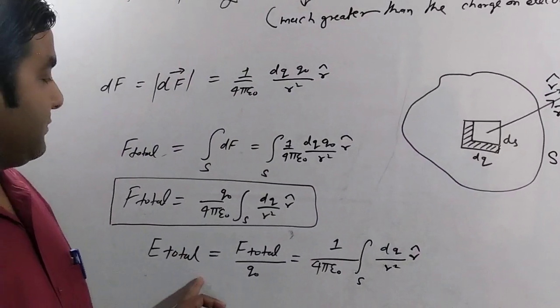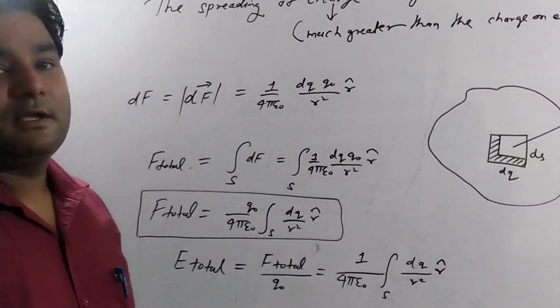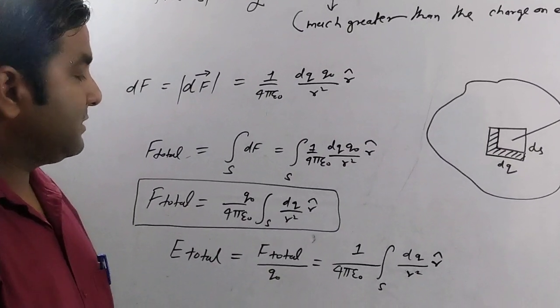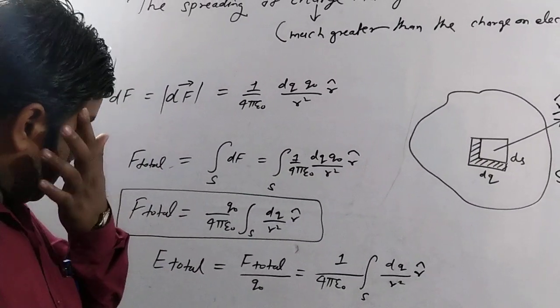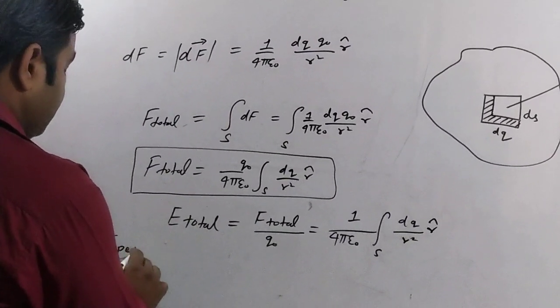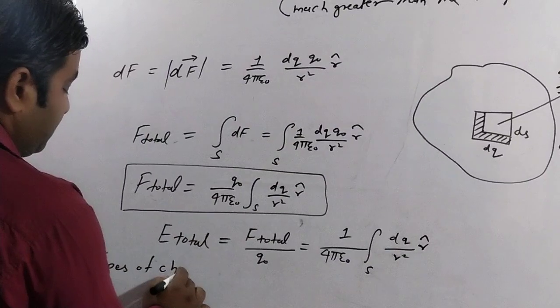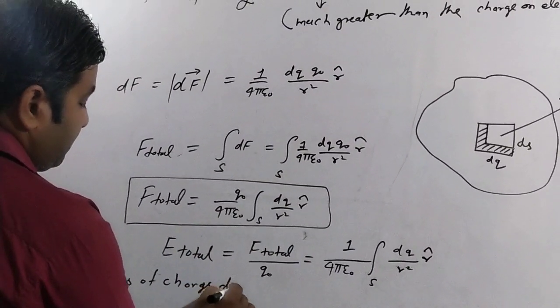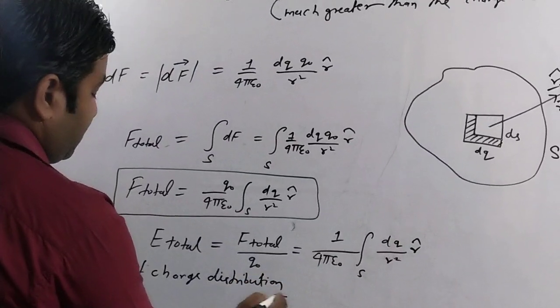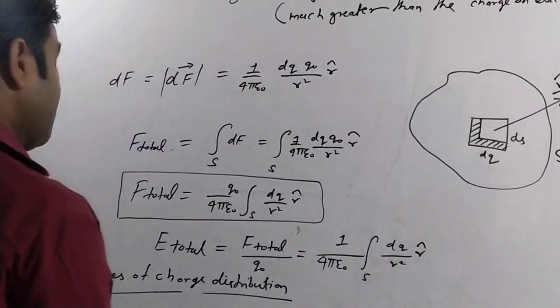Then after calculating force, the next thing is the types of charge distribution. There are three types, and here the distribution is in a continuous way.